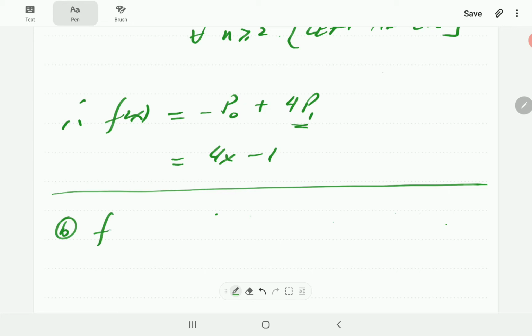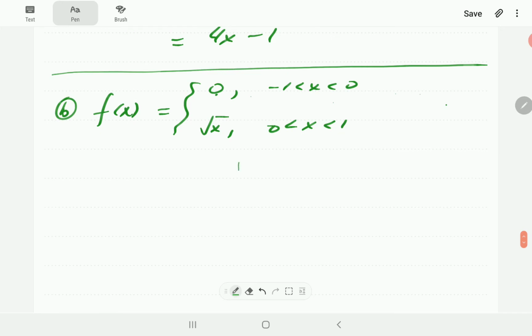Okay, in part B we have got a function that is given by 0 on the left hand side of the origin and square root x on the right hand side of the origin.